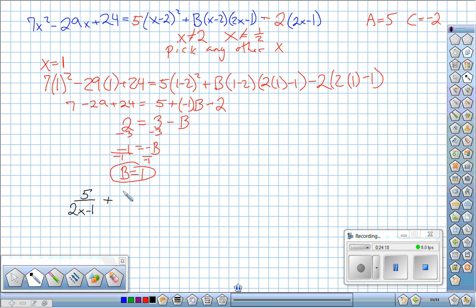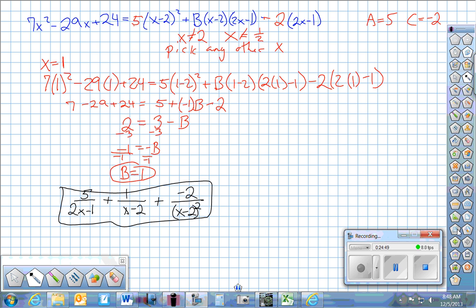My b was just my plain old x minus 2. And my c is -2, and that was over the x minus 2 squared. So you have to make sure that you're putting the right number that we found over the right piece on the bottom. So this is what your partial fraction decomposition would be.